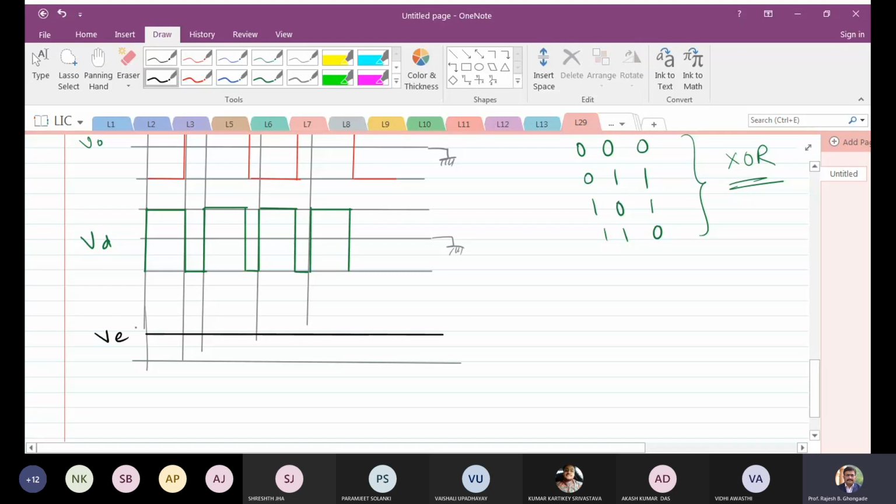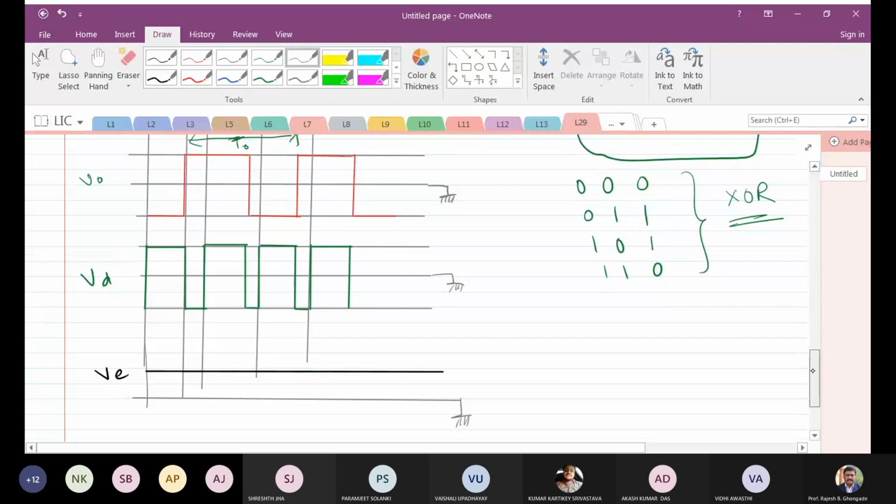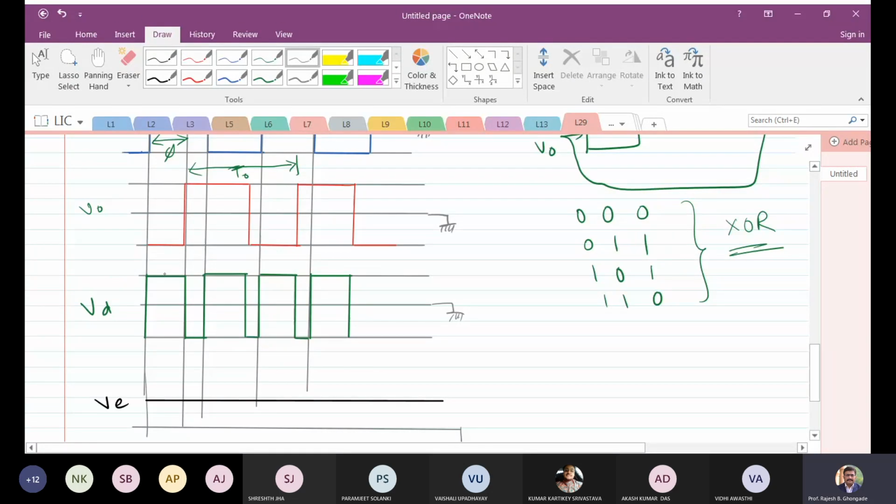Remember, this is again the ground level. So if you have the output signal like this, later on it will be converted into this. That's fine. But first of all, understand that what will happen if the phase difference is more or less than whatever is shown over here.